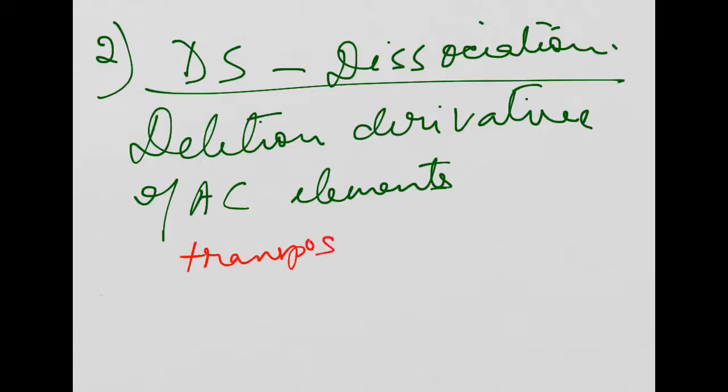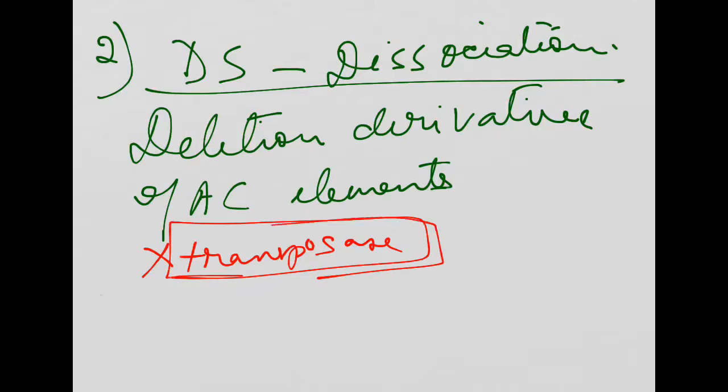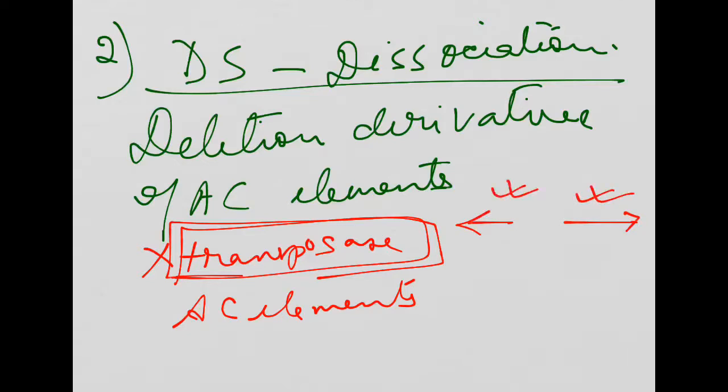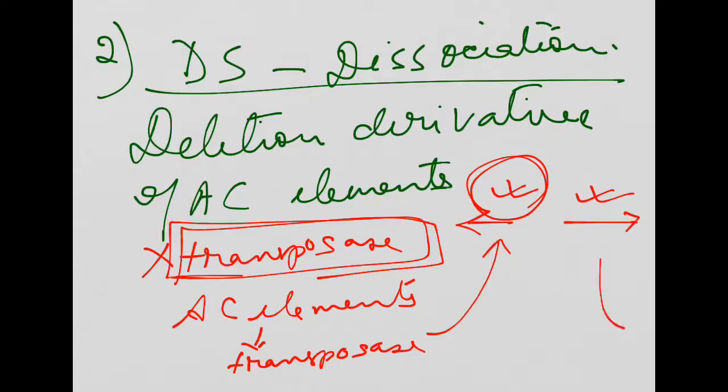They don't have a functional transposase gene that can produce a transposase enzyme. They are dependent on transposase from other AC elements. So they have complementary sequences at both ends, that the transposase derived from AC elements can bind to.